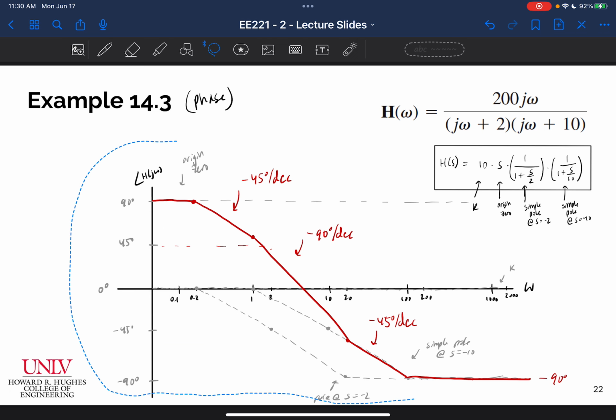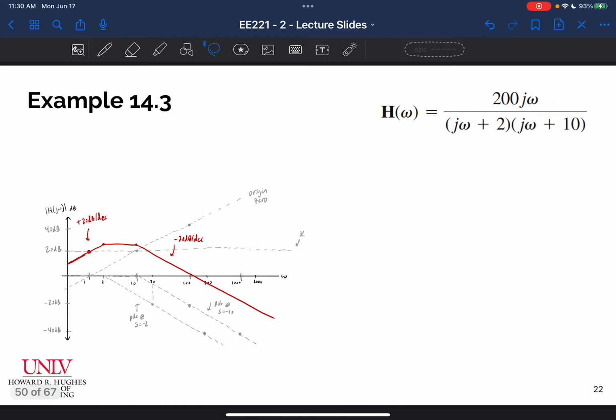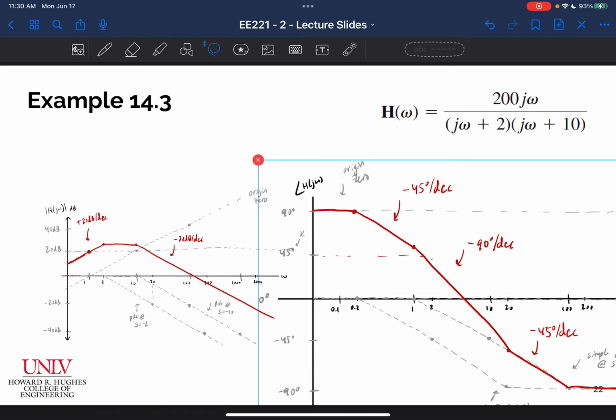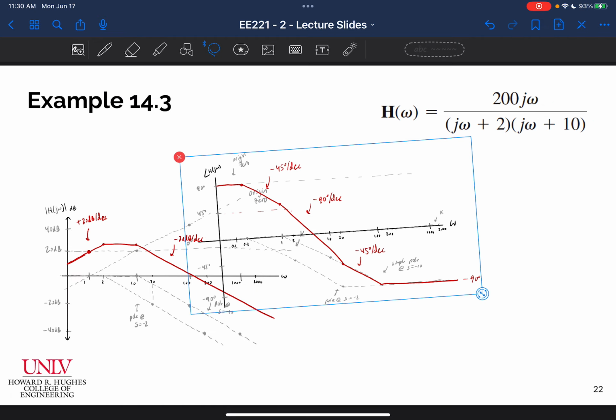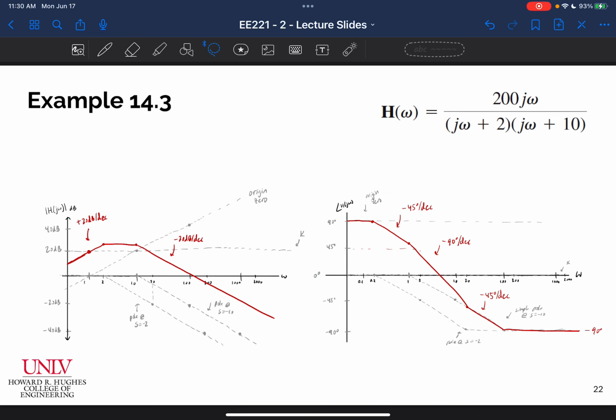Let's just grab all this. I got some gray in there that I want to grab. Let me get all that. Throw this in the next slide, paste. I'll shrink it quite a bit. Get it to be about the same size. That's our magnitude and our phase response for this transfer function.